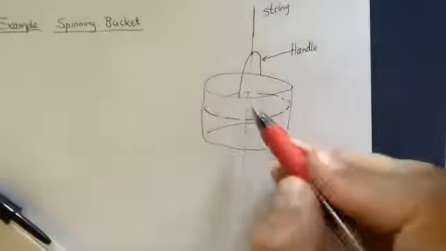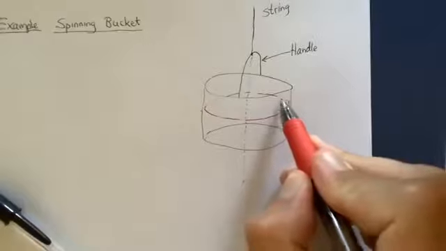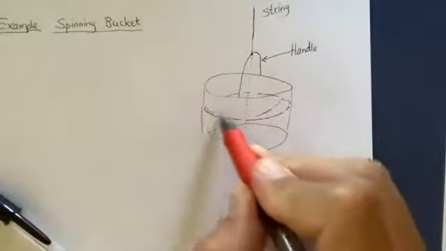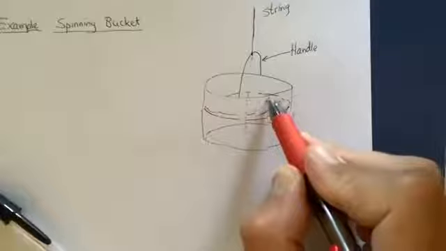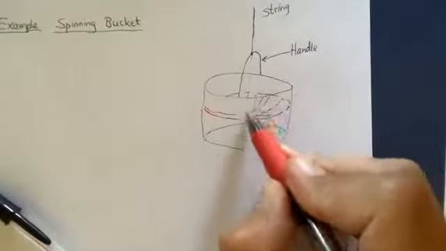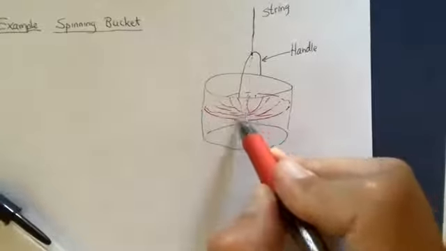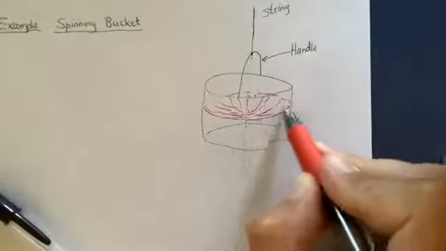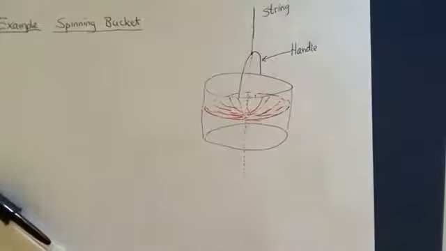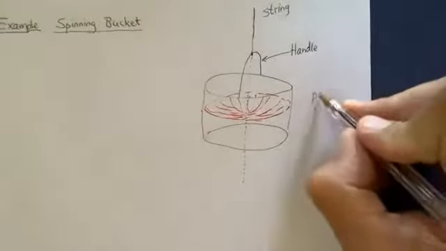Okay, and now let's try and capture this idea that we have a paraboloid of revolution, maybe something like this. Very challenging. I think that's as good as it's going to get here. A paraboloid of revolution.